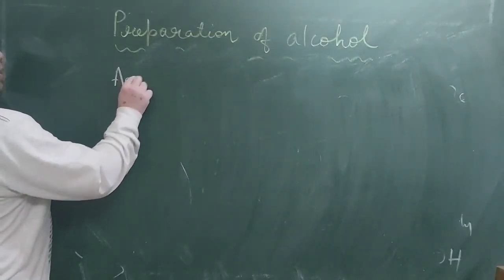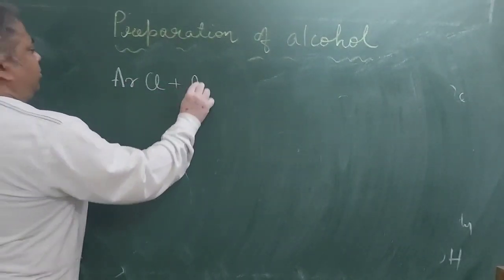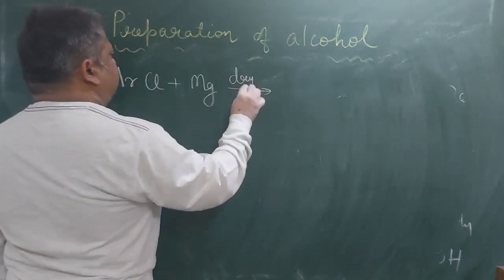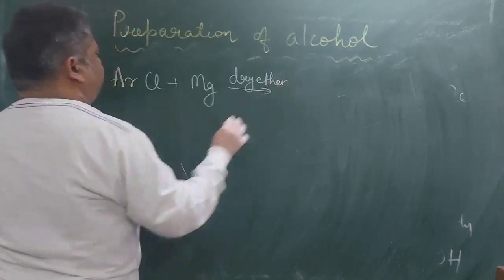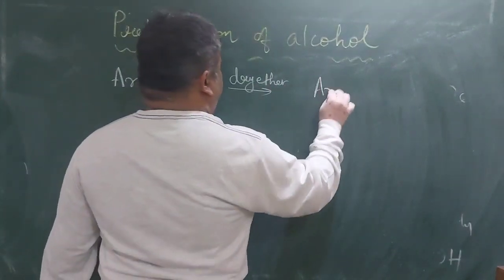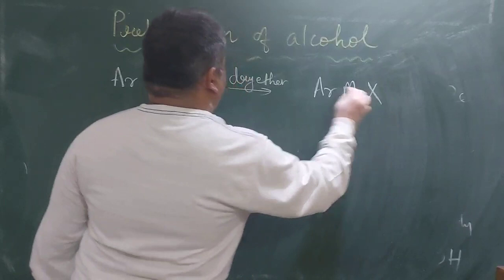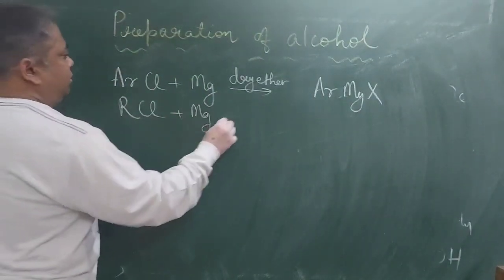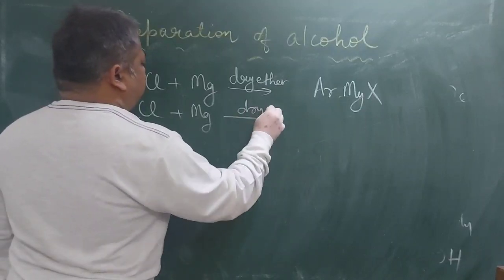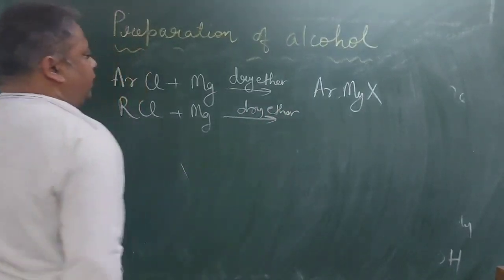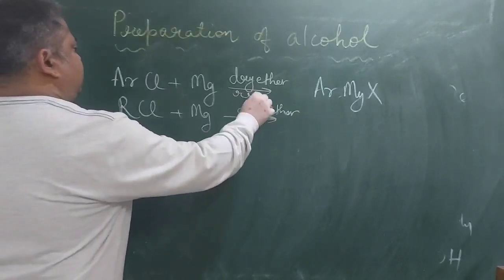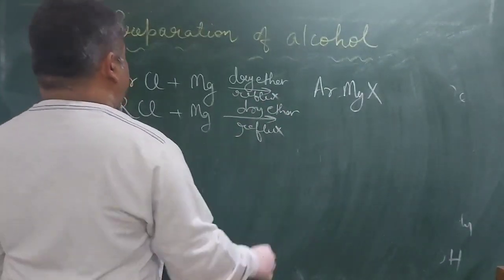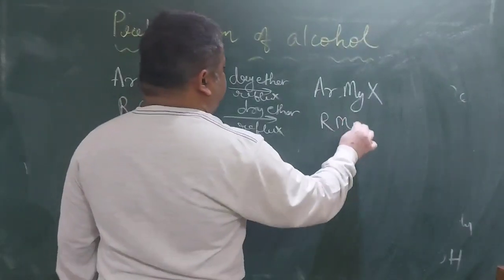Either you can take any aryl halide plus magnesium in dry ether, it will form ArMgX, or you can take RCl, alkyl halide, plus Mg plus dry ether, and then reflux it in a water bath. So it will form RMgX.